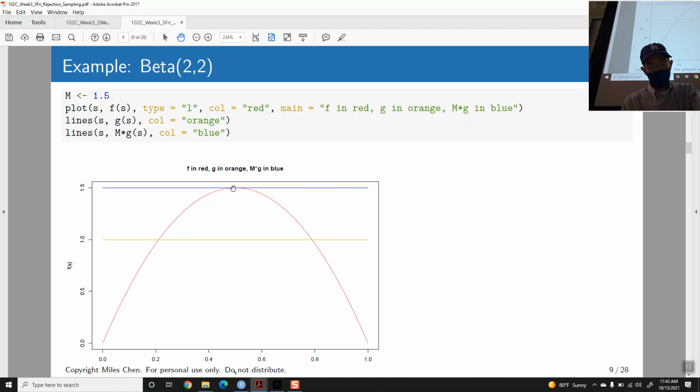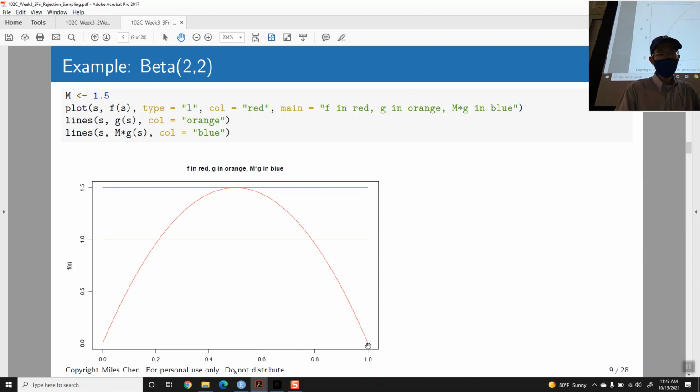If I generate x equal to 0.5, I accept 100% of them. But if I generate x equal to, say, 0.8, this is 1.5 and this is around 1, so I only accept it with probability 2/3. I generate 0.8 sometimes, but only accept it 2/3 of the time.